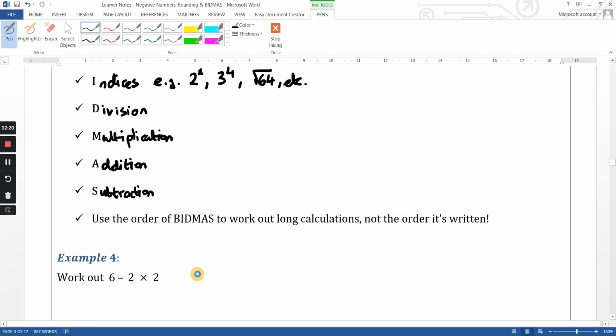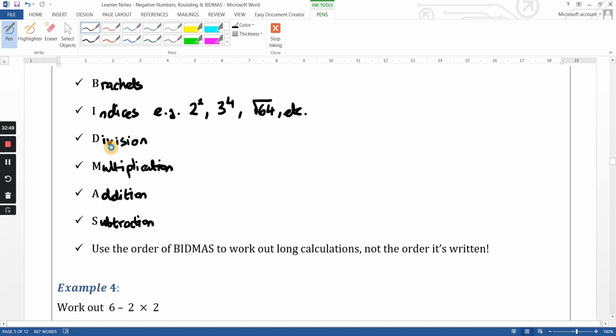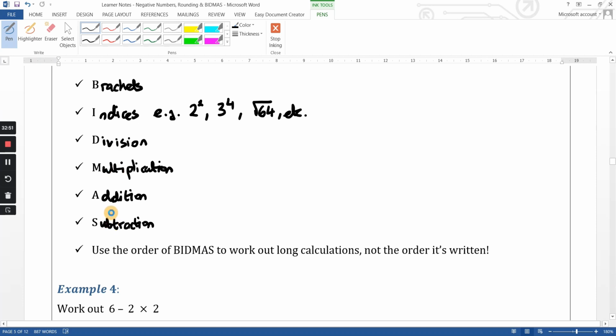If you have a really long calculation, such as this, you don't necessarily do the 6 minus 2 first. In fact, if you do that first, you're going to get the wrong answer. If you type this in your calculator in one go, it will use BIDMAS. So let's do 2 times 2 first, because multiplication comes before subtraction.